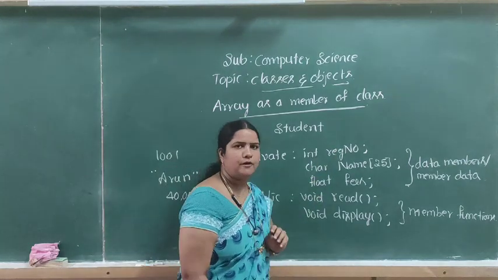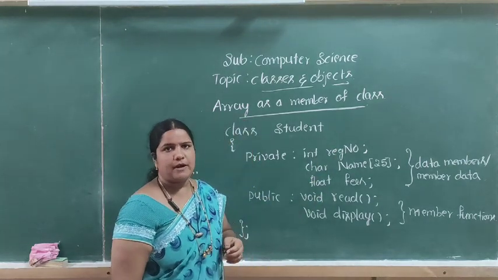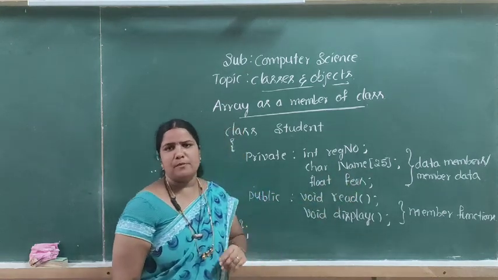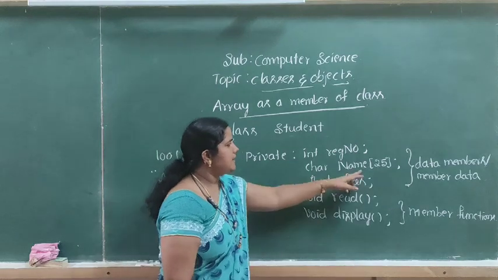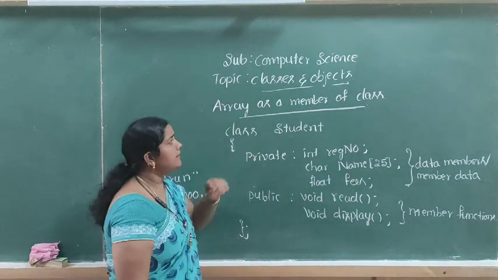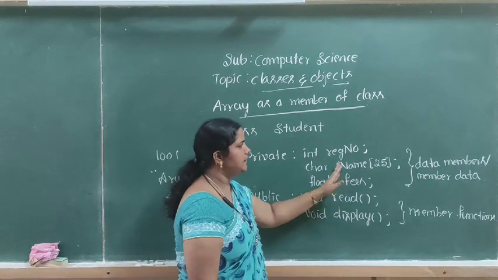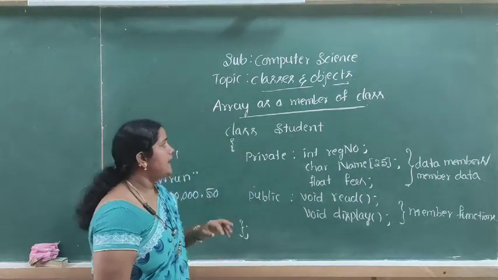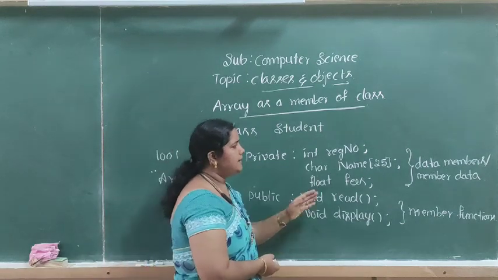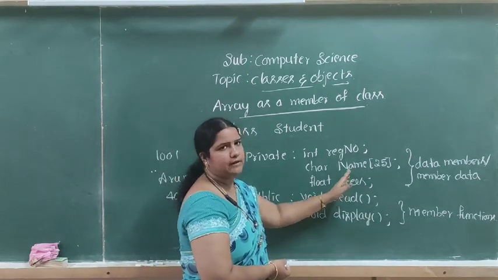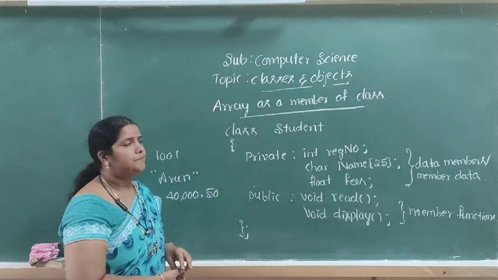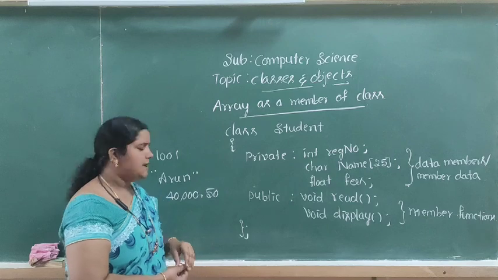So in a class we use the array concept as a data member, which means that in a class the data member is of array type. That is an example of array as a member of class.